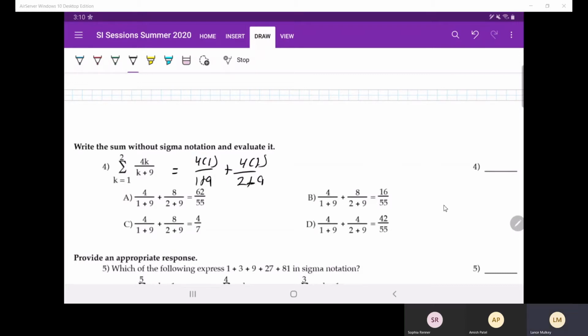I messed up. And so that equals, yeah, I did it right: 4 over 10 plus 8 over 11, which equals 62 over 55. I put it in my calculator to check myself because I've not been doing good lately. Y'all probably lost faith in me.